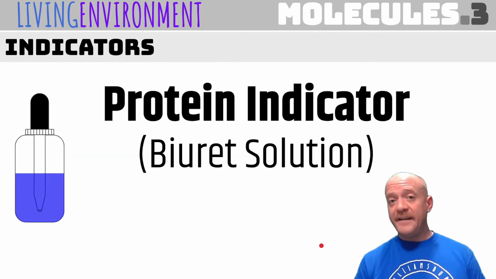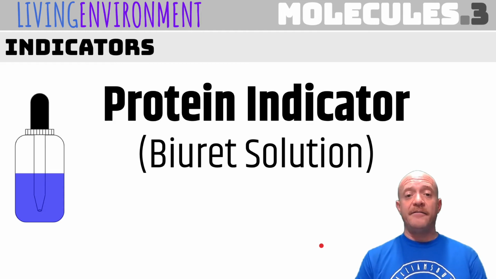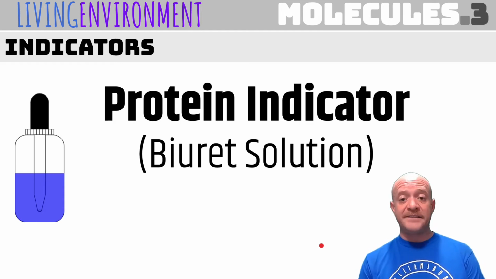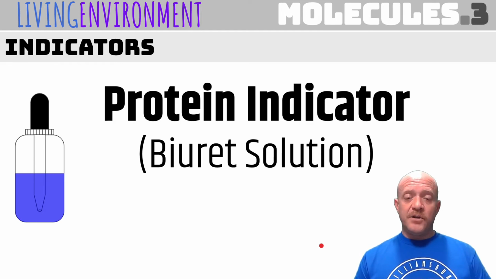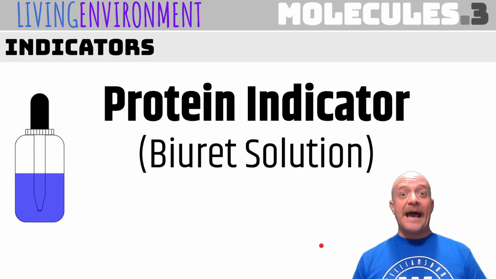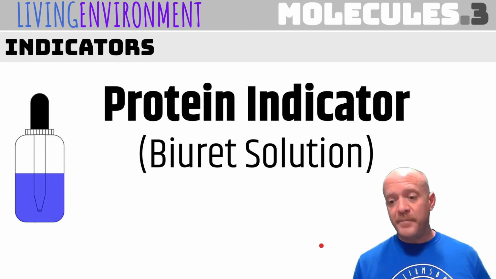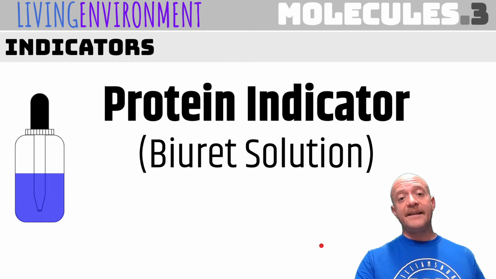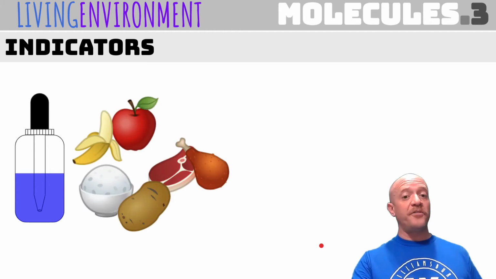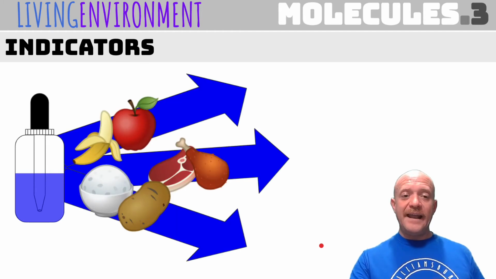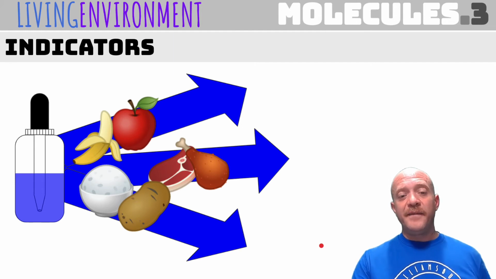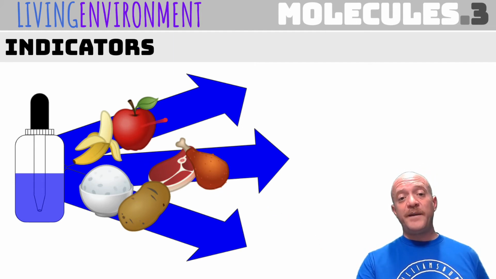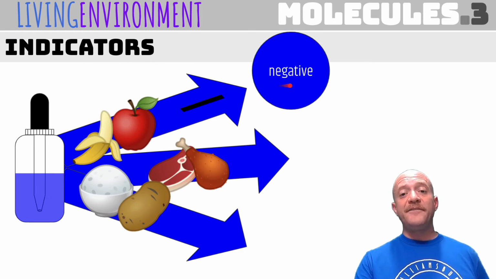Now another type of indicator is a protein indicator, and this is also known as a biuret solution. Protein indicators are not used as often as the other 2, but you might see it. If we added it to all 3 of these foods, it has a deep blue color. When you add it to glucose or anything sweet with sugars, it's going to give you a negative result.